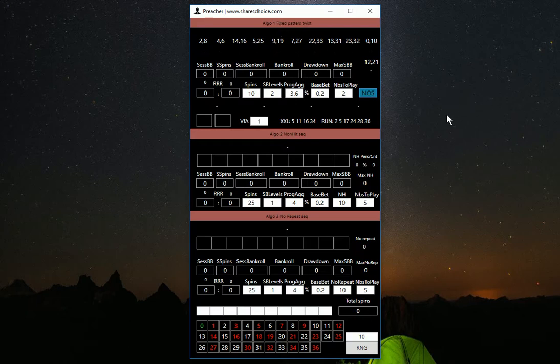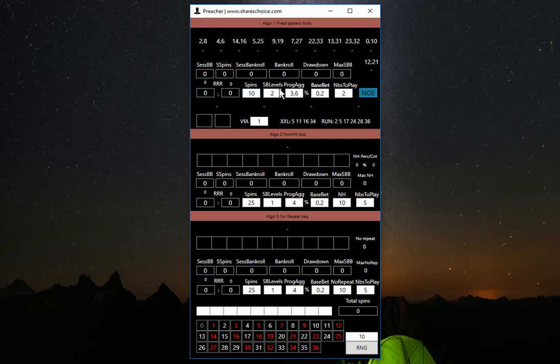A few words about the money management. What we can see here, the money management is the same for all 3 algorithms. And what does it mean? Spins 10 means how many spins you will play your progression, how many times you will bet.